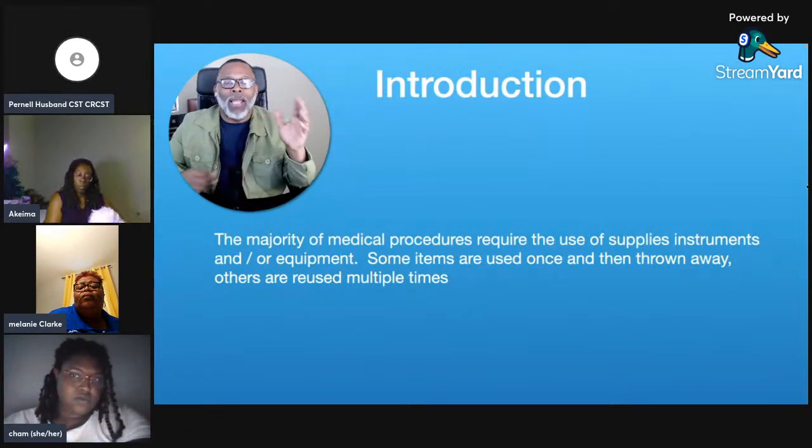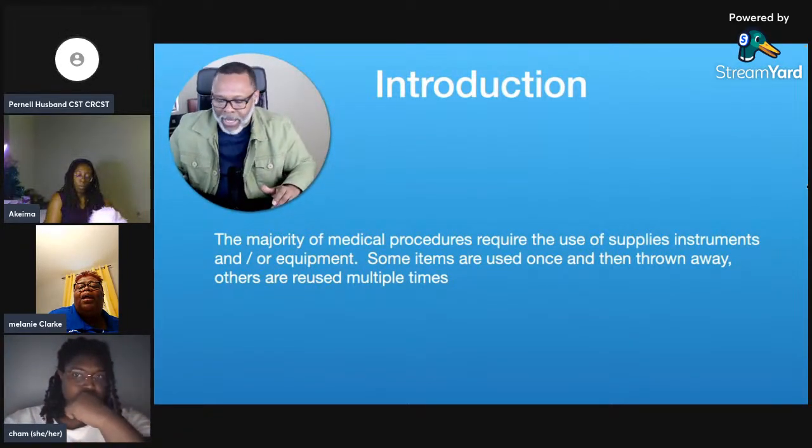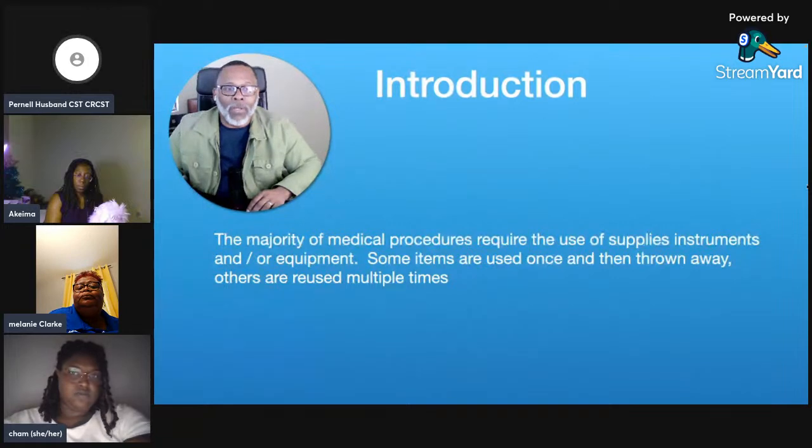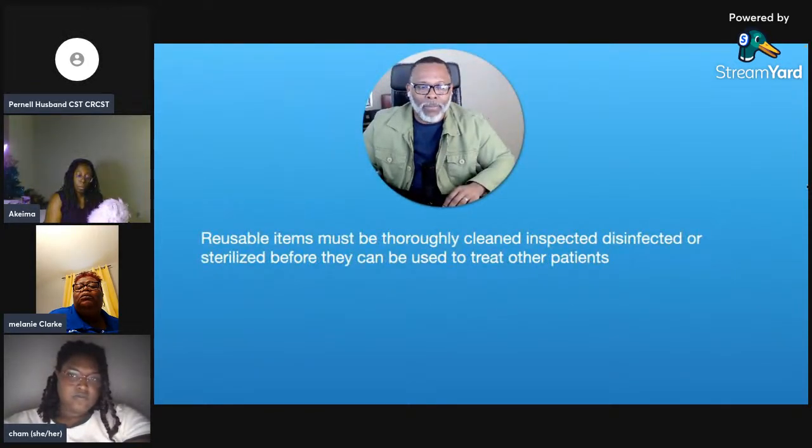We call those disposable items, and we use lots of disposable items in the operating room. Others are reused multiple times. Reusable items must be thoroughly cleaned, inspected, disinfected, or sterilized before they can be used to treat other patients.